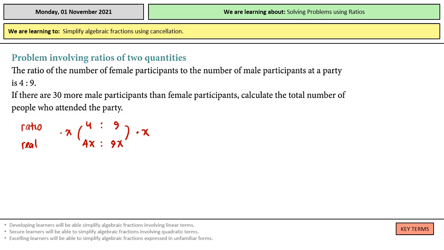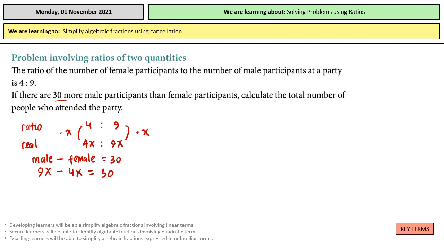So in this situation, we are given that 9x minus 4x equals 30, because the male participants minus the female participants should be 30.